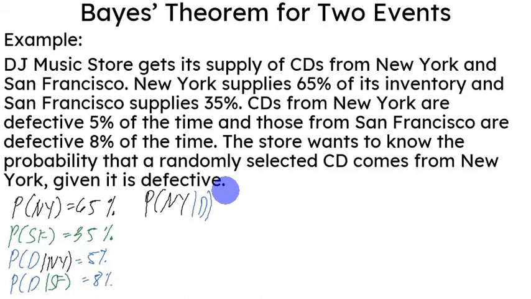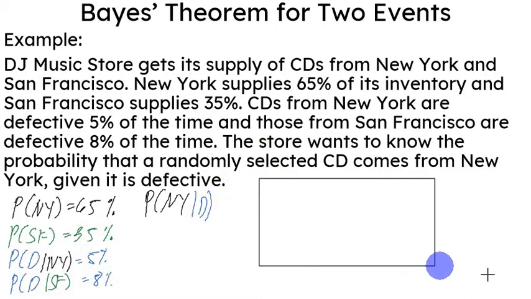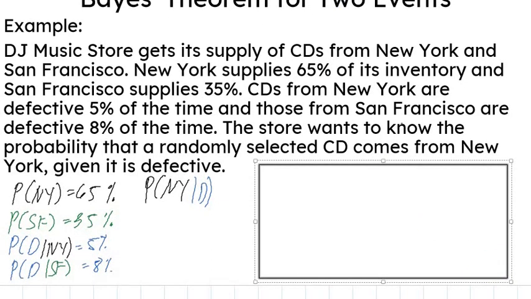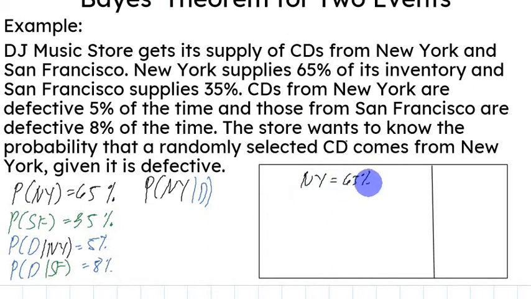So we can use again our illustration to draw this one out. There you go. And of course, we have our line here that divides. If it's from New York, then you have 65%. Then for San Francisco, that is 35%, because that actually consists of 100% of the CDs.